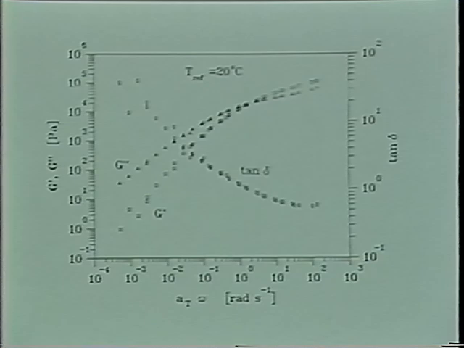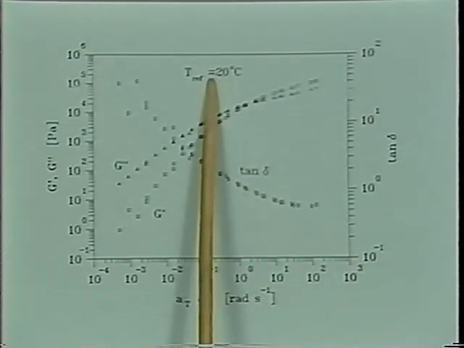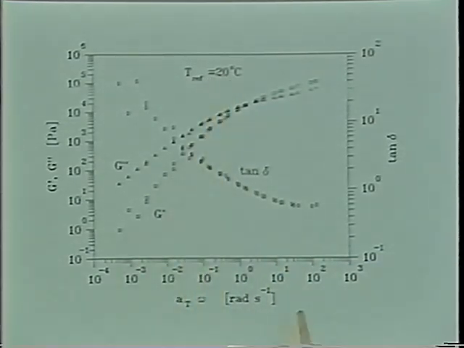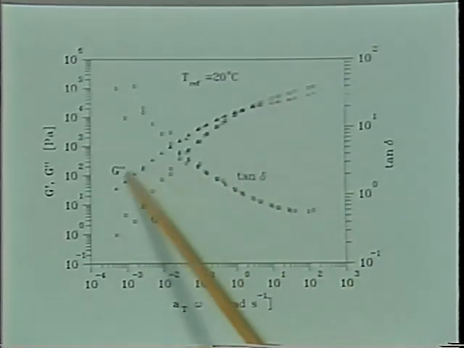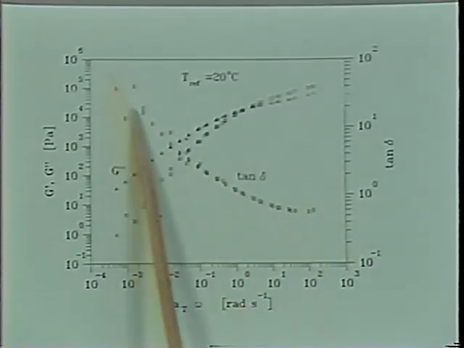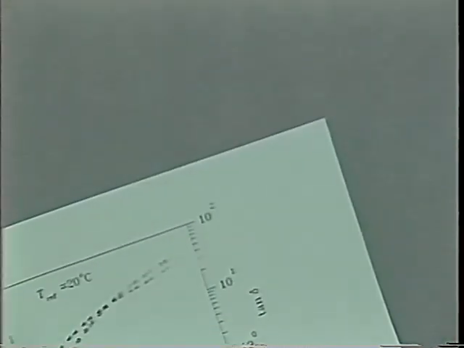In the liquid state, or also in the supercooled liquid state, you could measure at low temperature. Here, everything is normalized to 20 degrees C. He measured G prime, G double prime, and you have typical liquid behavior for tan delta. So again, quite normal for a material which is broadly distributed in molecular weight.